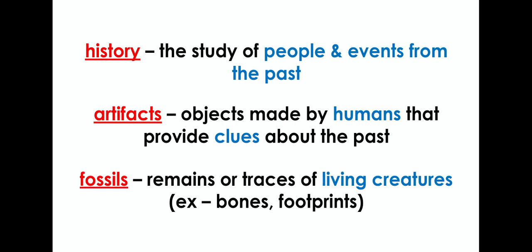Going back to artifacts though, because you had a blank for examples. So try to think of some examples of artifacts, things made by humans that could provide clues about the past. And it's really an unlimited list. Anything that humans could make probably does provide some clue about the past.